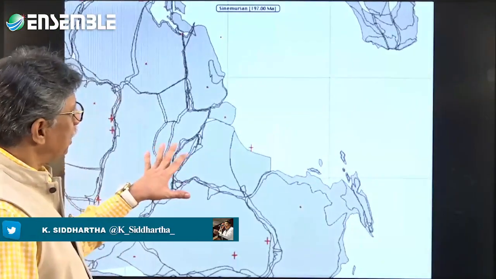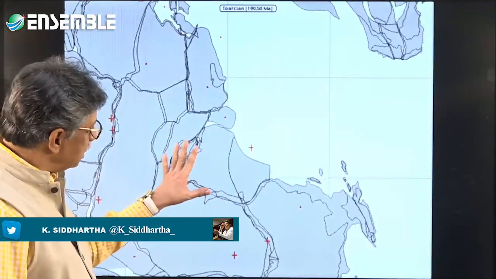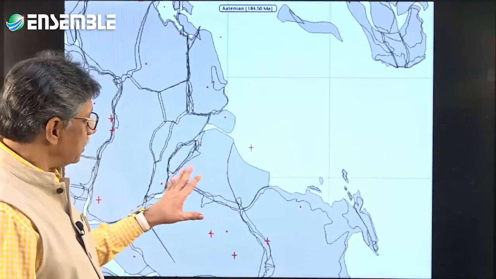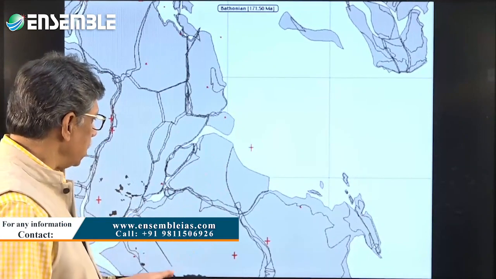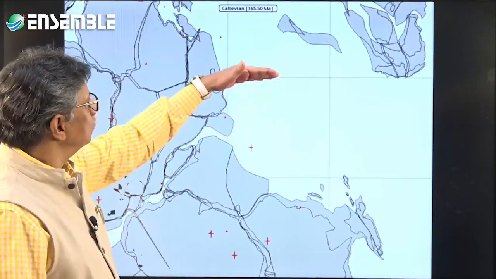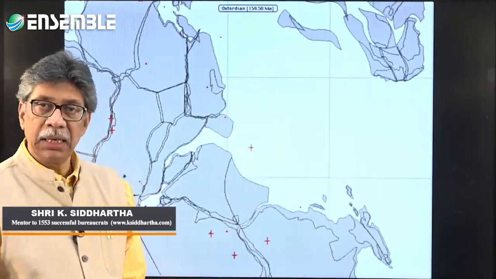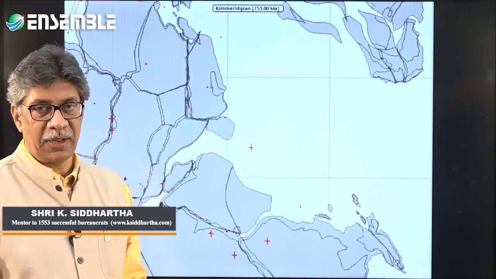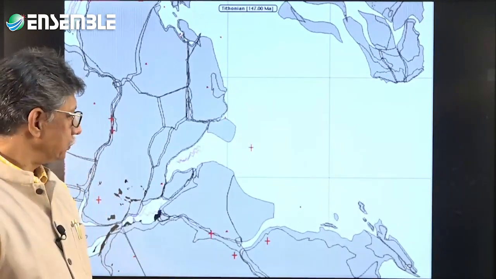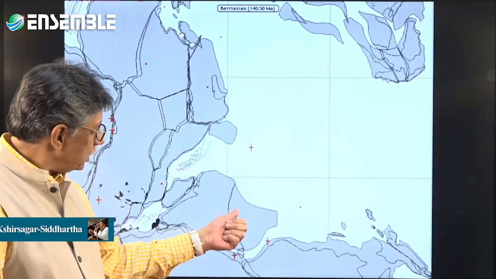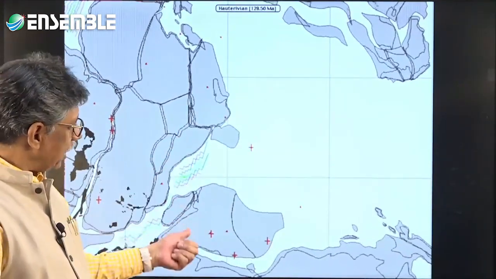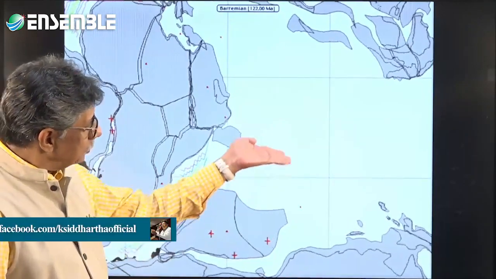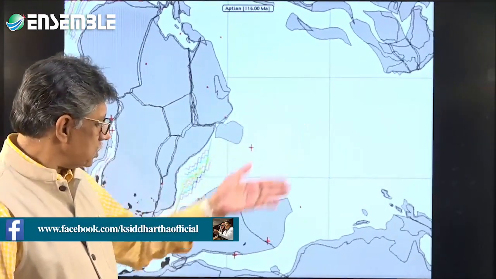You're going to take a look at this another portion of it, that is India after having got itself separated out from this zone. After it got itself separated out from this zone, it has started moving northward. And as you can take a look at it, what happens to India? India is getting separated, a lot of cracks, and it is getting separated from Africa, and India will start moving towards north.